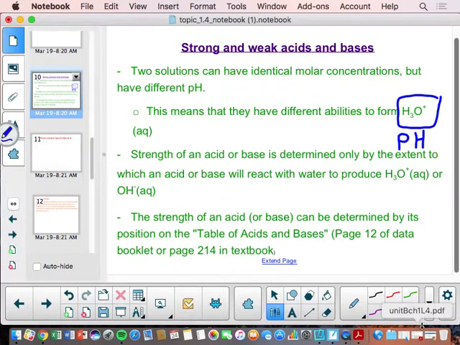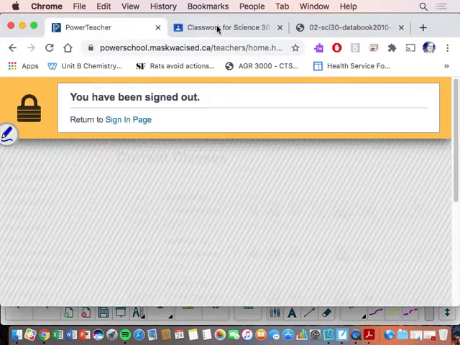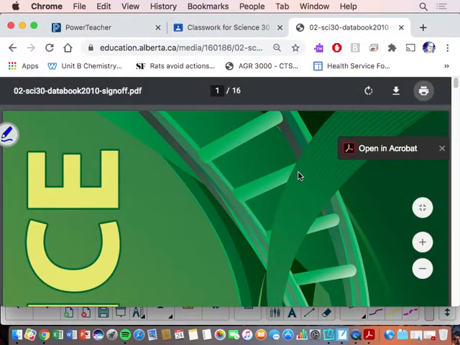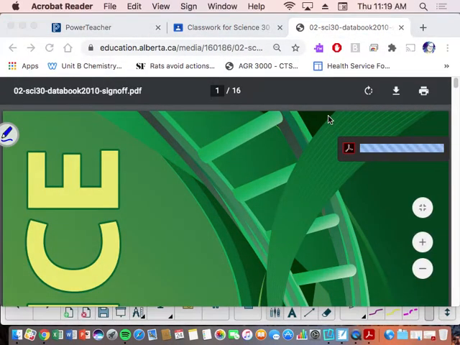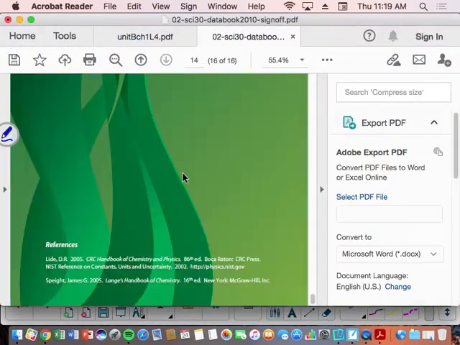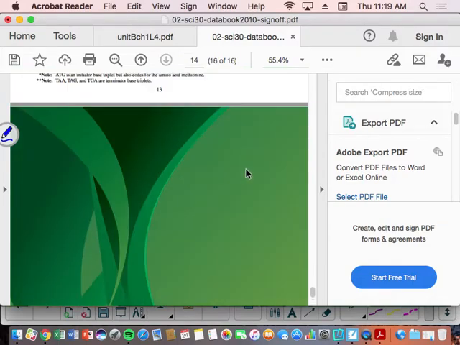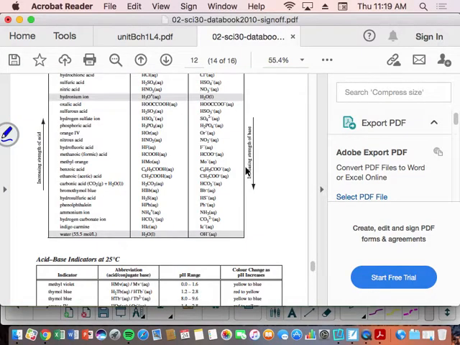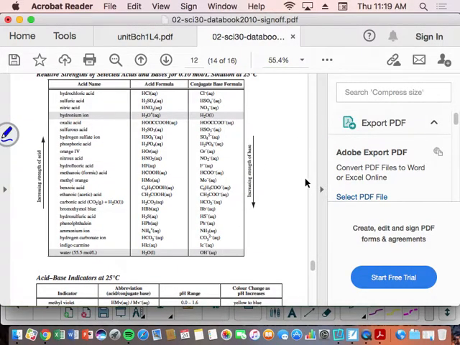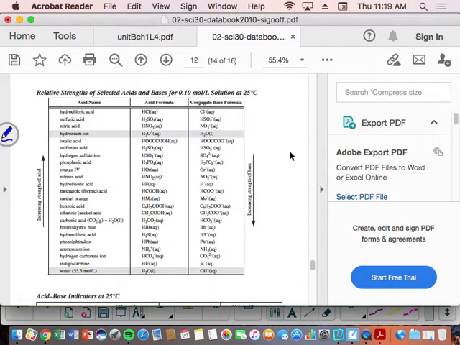Just to show the people on this video, go to page 12. Which one's the strongest one? Hydrochloric acid. Nothing is stronger.